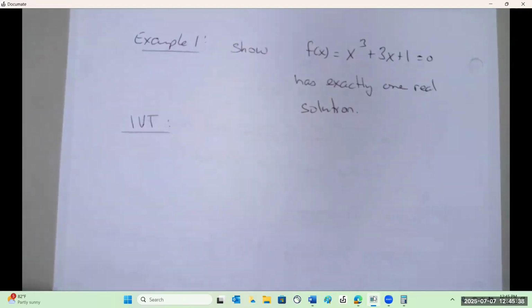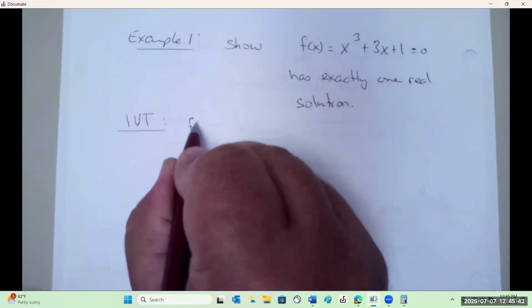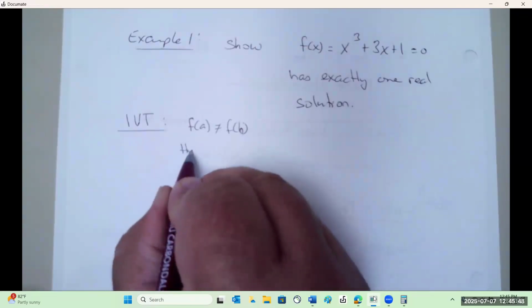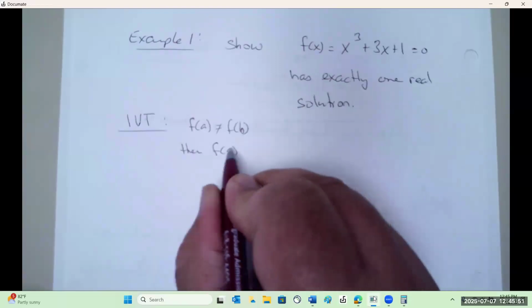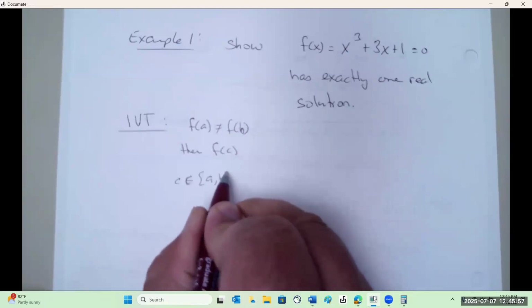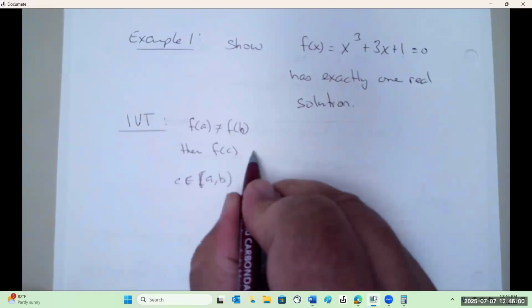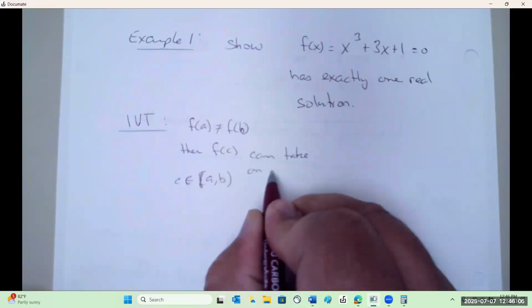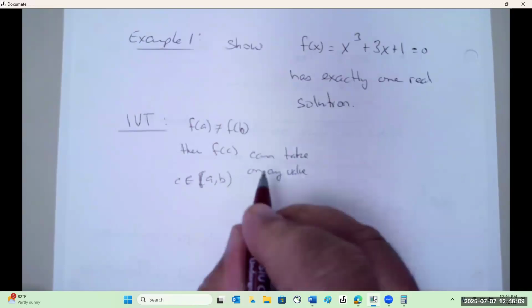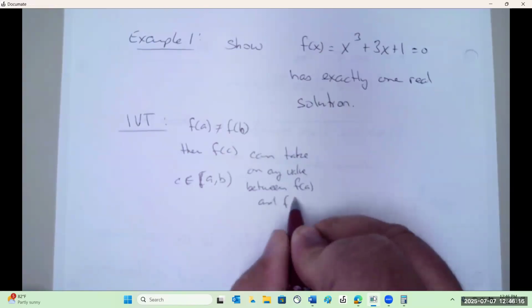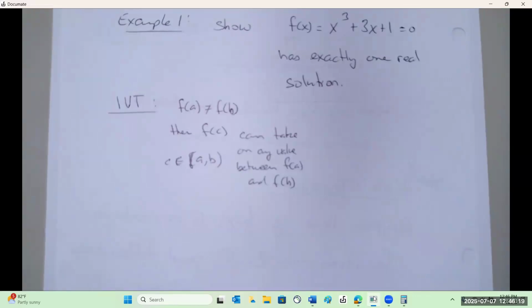The intermediate value theorem, in the grand scheme of things, says if we have f of a does not equal f of b, then f of c, where c is a point anywhere in the interval, can take on any value between f of a and f of b. That's the main idea of the intermediate value theorem.